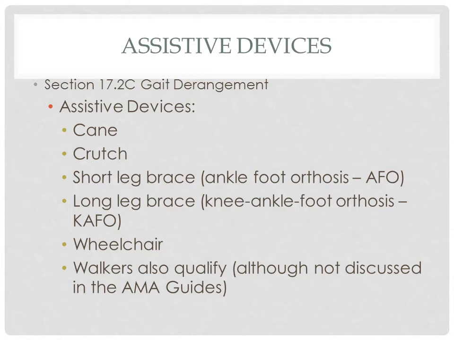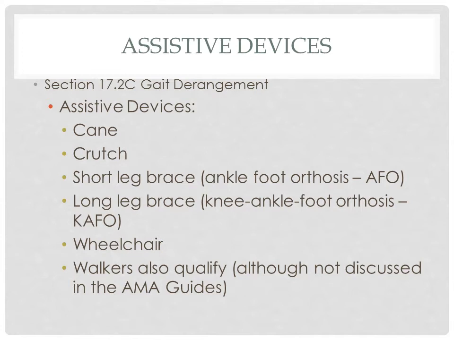And in my opinion, even though they're not specifically discussed in the AMA guides, walkers could qualify for permanent impairment if it can be shown that the injured worker is dependent upon a walker for mobility.